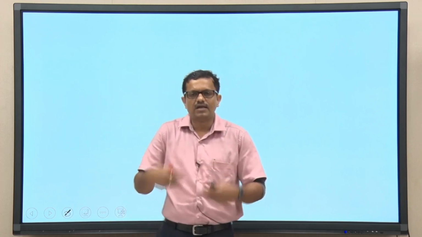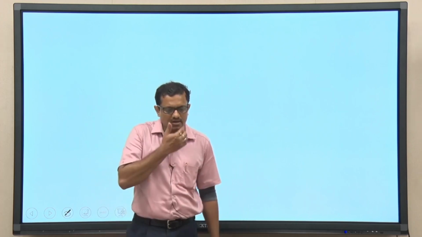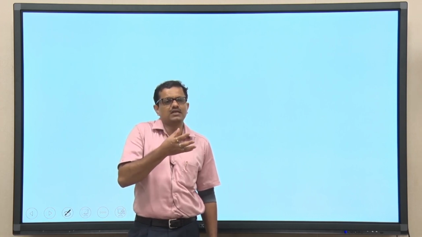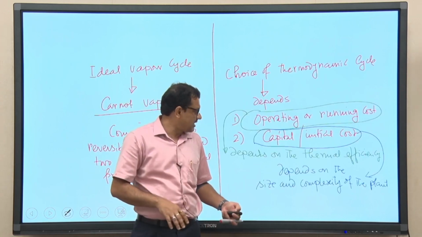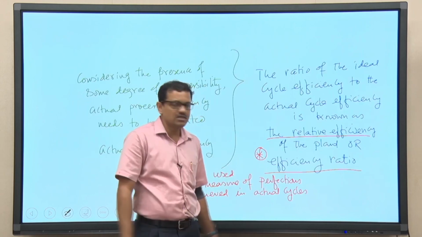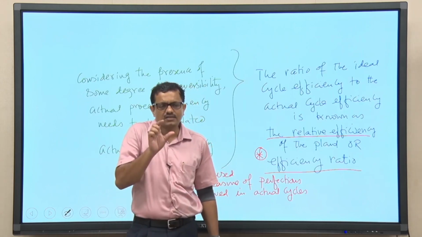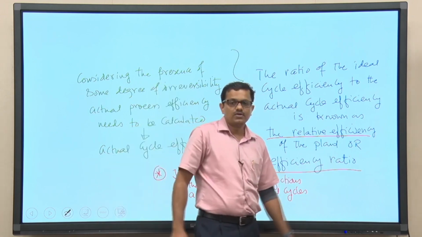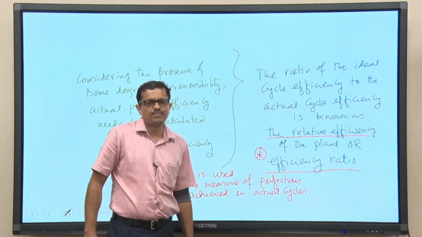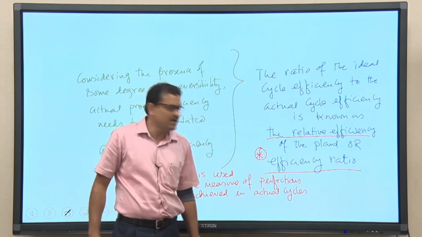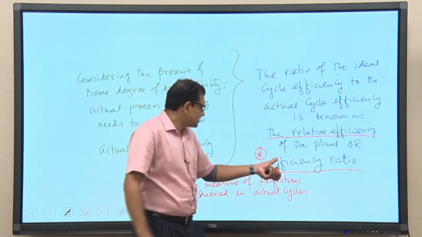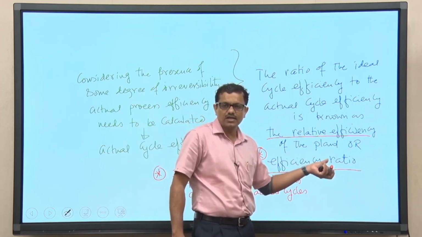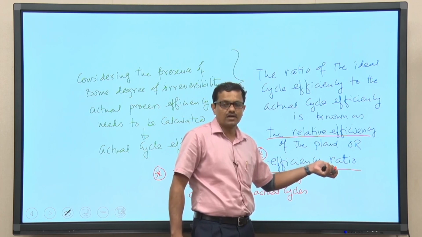Let me repeat it. We know that the efficiency ratio or relative efficiency of 1 is very good for the maximum work output, the best performance of the plant, but it is very much unlikely that the efficiency ratio will be 1, but our target should be to get closer to 1.